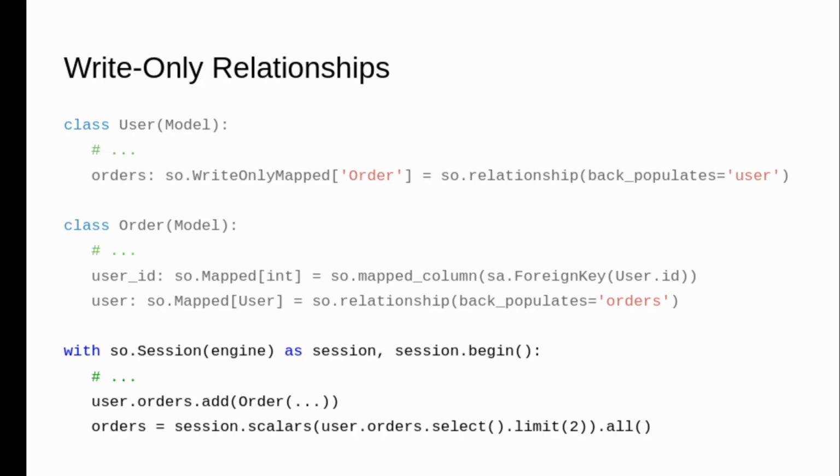And once again, queries are separated from the execution, so you get a standalone query that you can modify. In this case, I added a limit of 2, and then I run the query in the normal way, and that's how you get the elements of this relationship.